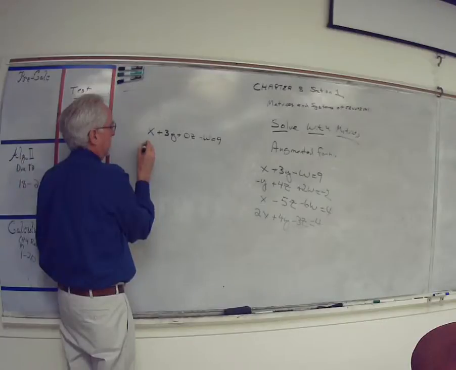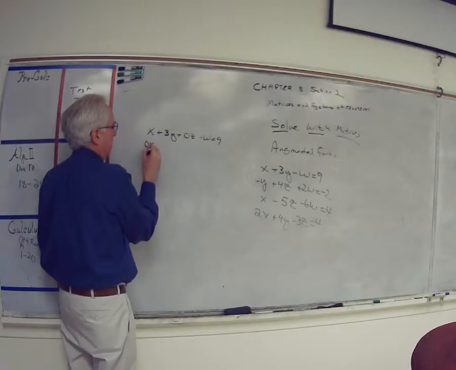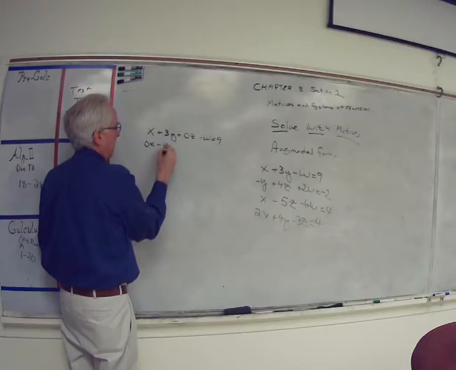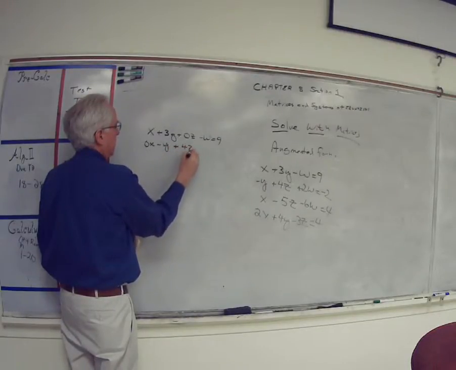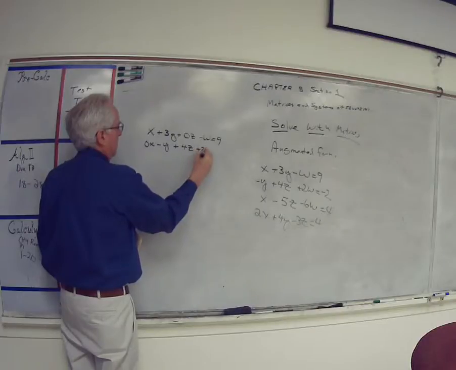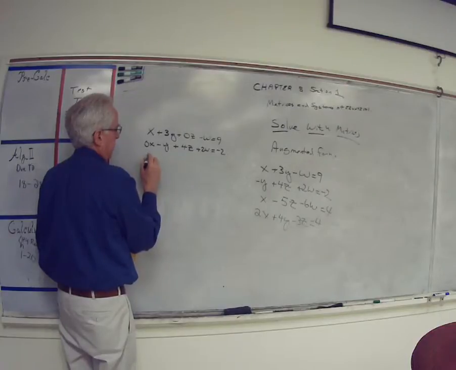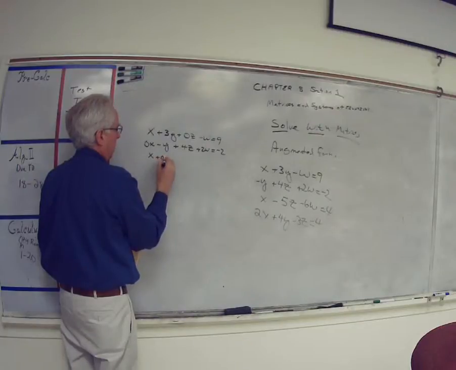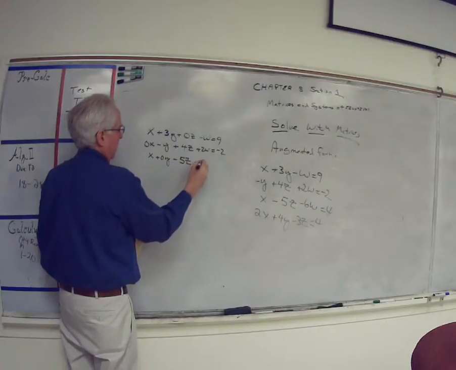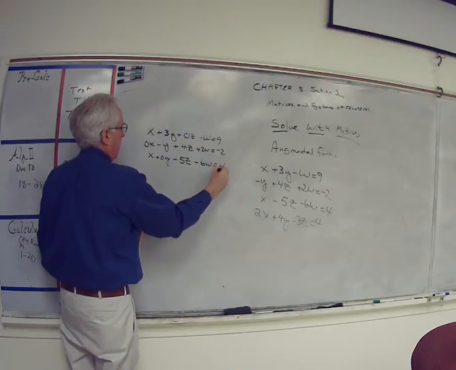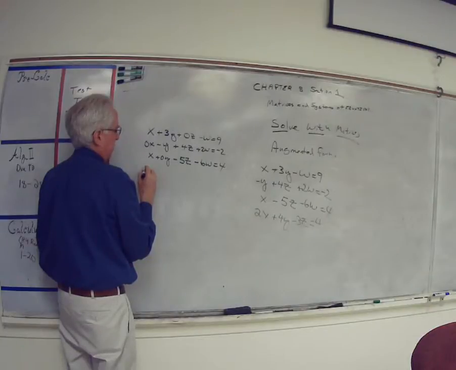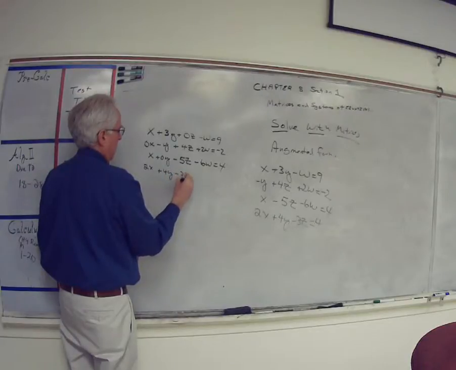It'll be 0x minus y plus 4z plus 2w equals negative 2. Okay, Emmy, you do the next one. It'd be x plus 0y minus 5z minus 6w equals 4. And Catherine, you do the last one. It's going to be 2x plus 4y minus 3z plus 0w equals 4.